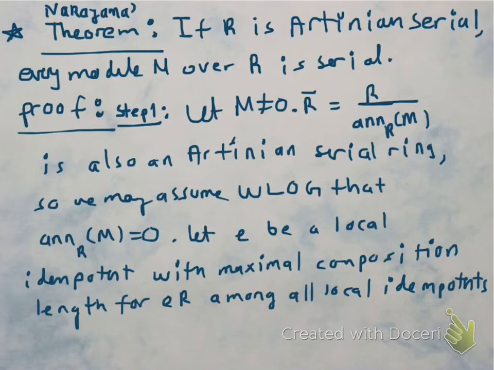The problem here is that in the case of an arbitrary module, it may just be too much to hope for, to find a copy of such a principal indecomposable inside M.